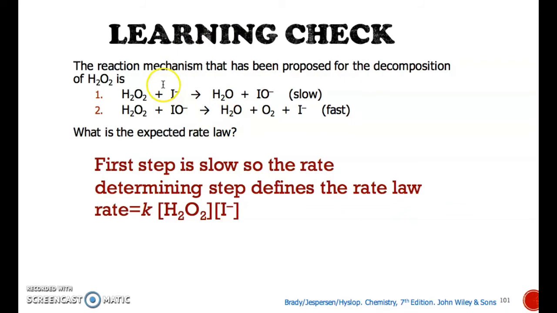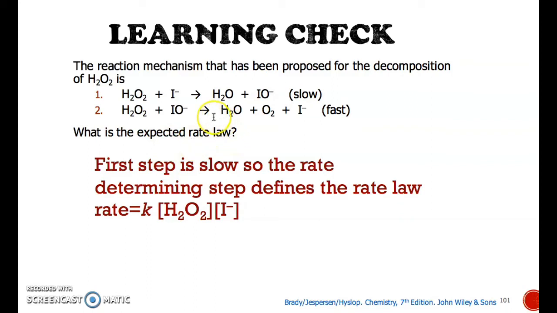So this is the reaction mechanism that has been proposed for the decomposition of peroxide. We look at this, step 1 and this is step 2. Step 1 is the slow step, and the second one is the fast step. What is the expected rate law?